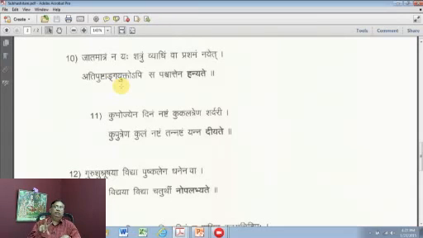Though he has a very strong body, paschad, afterwards, tena vyadhina tena shatruna hanyate sa hanyate. He will be finished, he will be killed by that disease, however strong he may be, or he will be killed by that enemy. Tena shatruna tena vyadhina sa paschat hanyate.